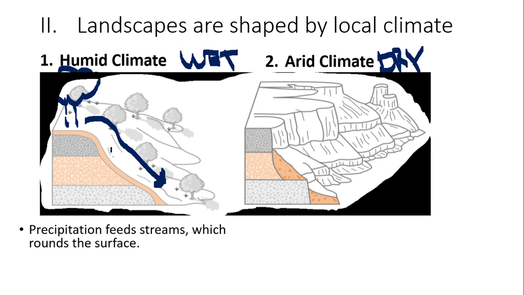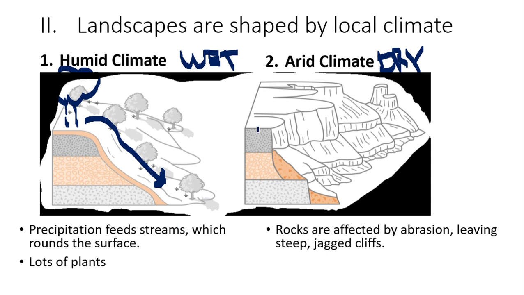It's going to round off those rocks, break them up, and carry them down to the bottom. Okay, so this would be like kind of where Brentwood is on Long Island, and then as you work your way down, let's say Fifth Avenue towards the beach, you get this kind of plain area. Right, so humid, a lot of water, there's going to be a lot of plants. You're going to have that growth.